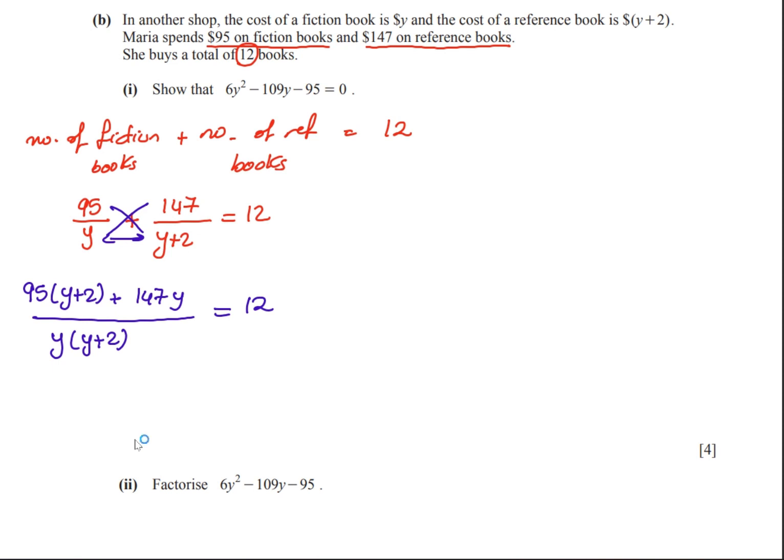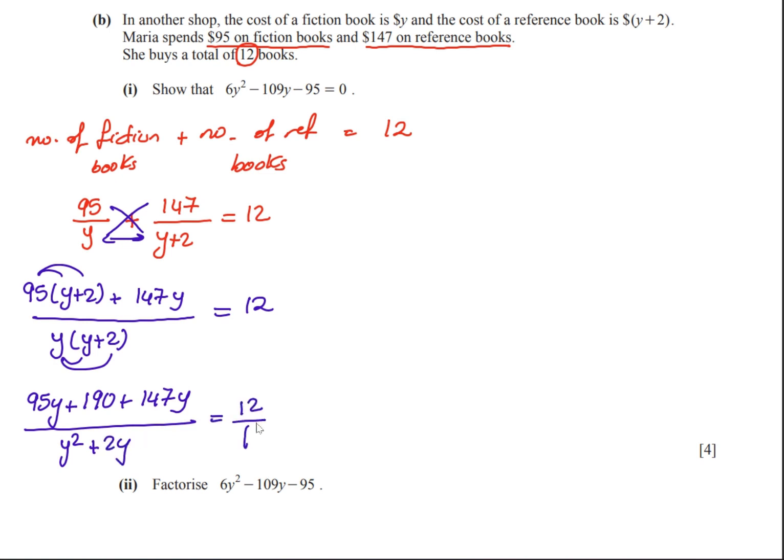Then simplify: 95y plus 190 plus 147y over y squared plus 2y, all of this equals 12 over 1.